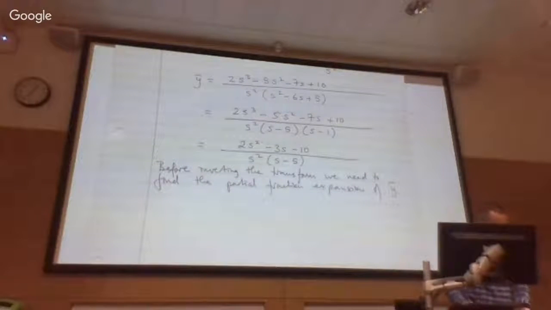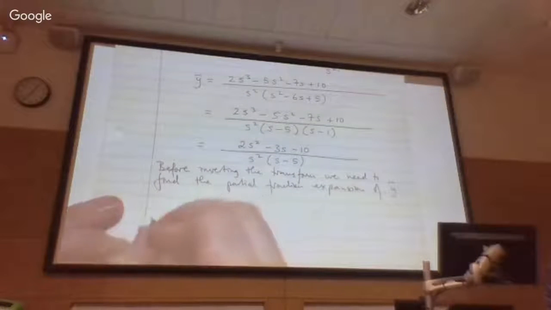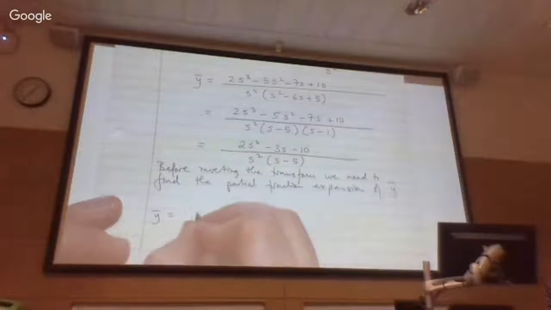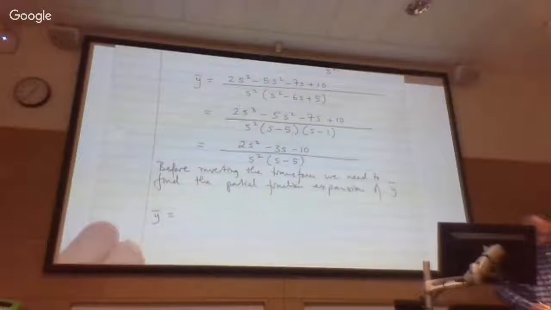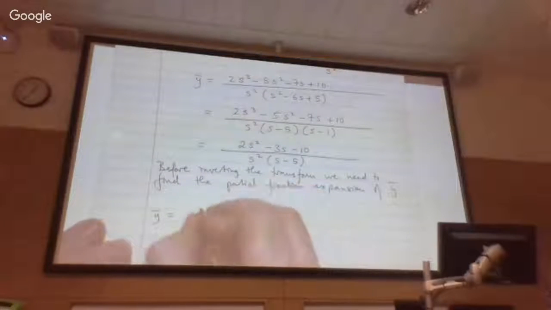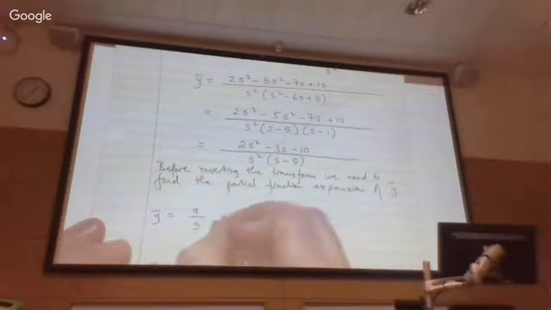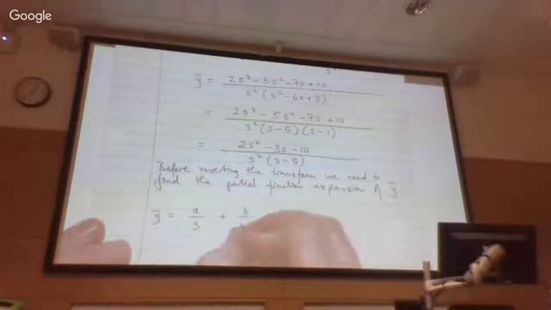It's a rational function in s. We've got the denominator factorized. So y bar is going to be, what do I call these, the ABCs? It's going to be something over s plus something over s squared.